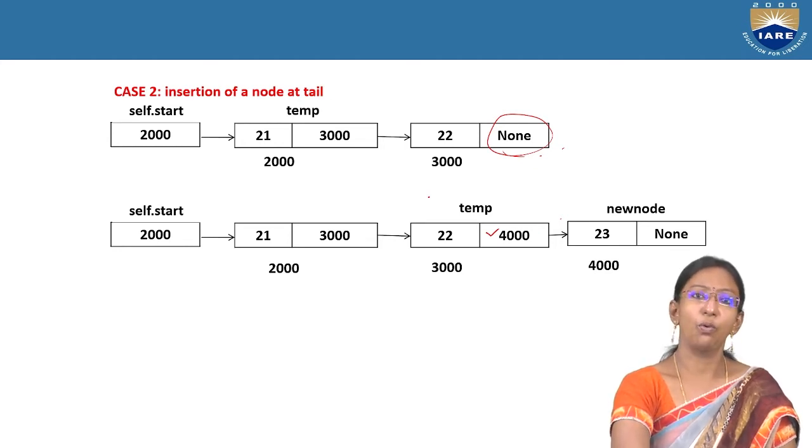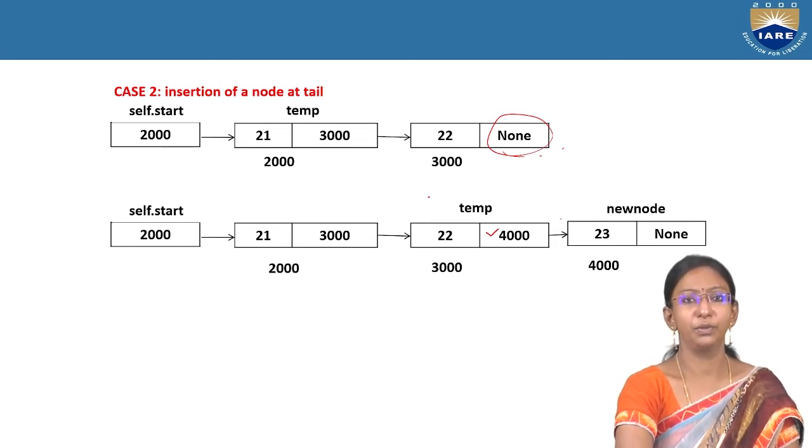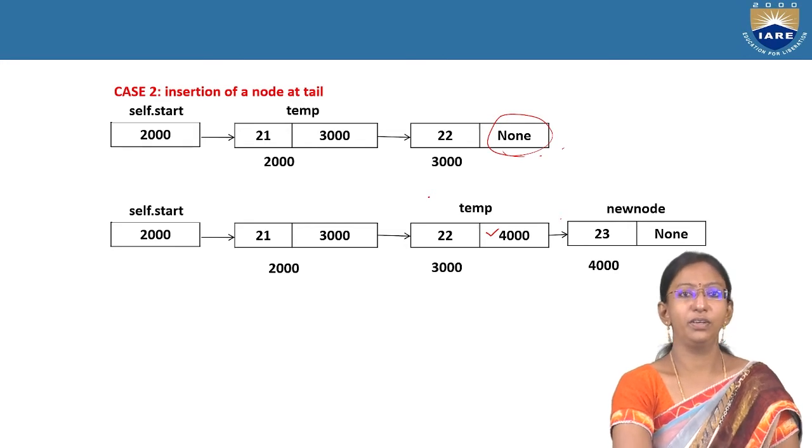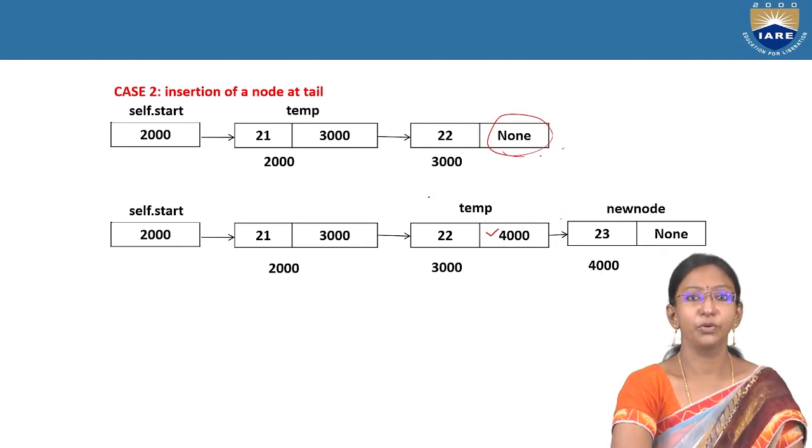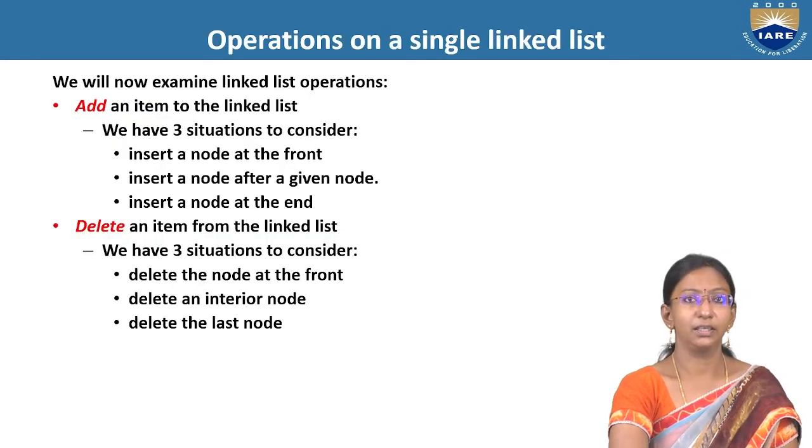As the new node already has its next part filled with None, it is obvious that it is the last node now, right? Yes. This is how I'm going to create a linked list.